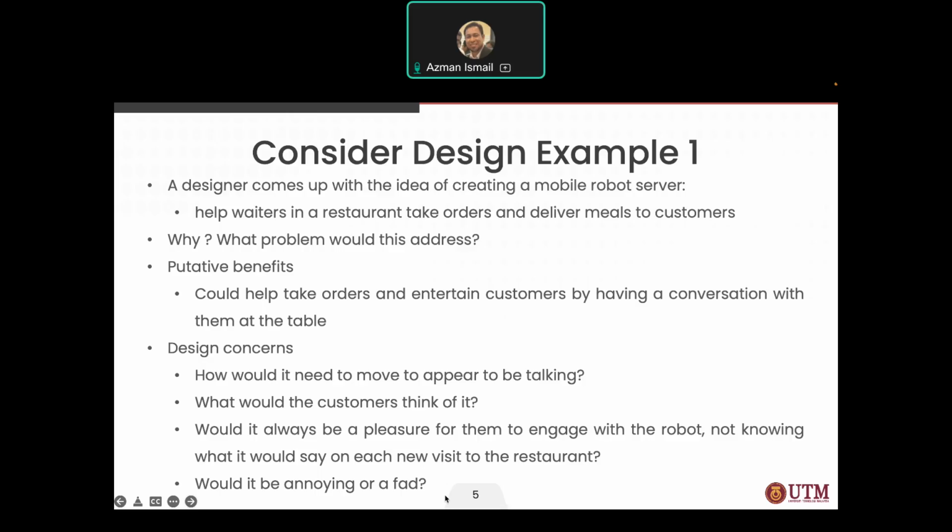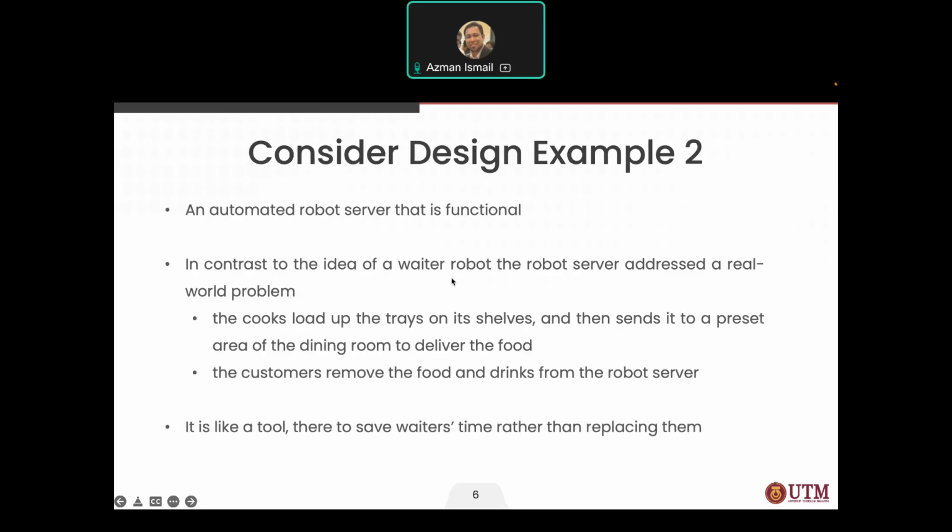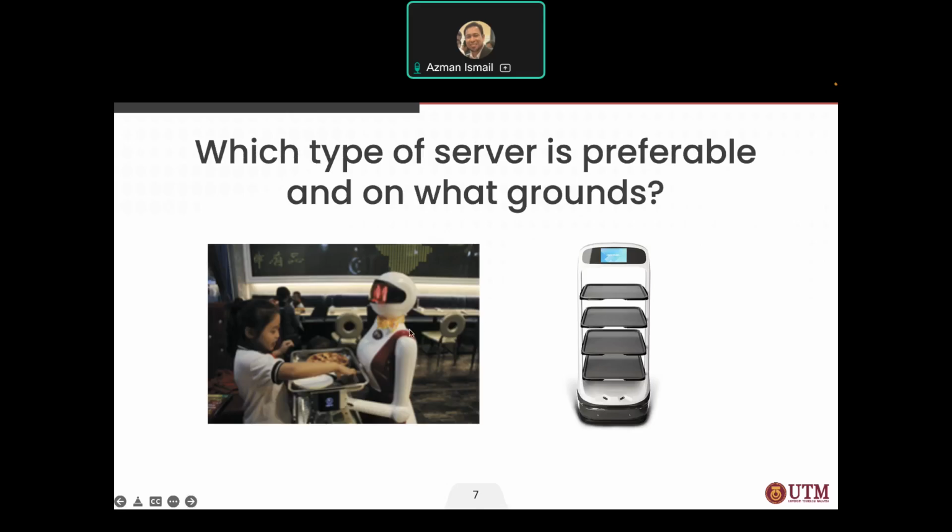Would it be annoying or a fad? Okay, something like if you go to the mamak stall, you can see a robot like this. Okay, it serves you maybe with a tray representing what you want to order, and tray number one, tray number two have different meals. Okay, so that's representing a robot that serves in kedai mamak.